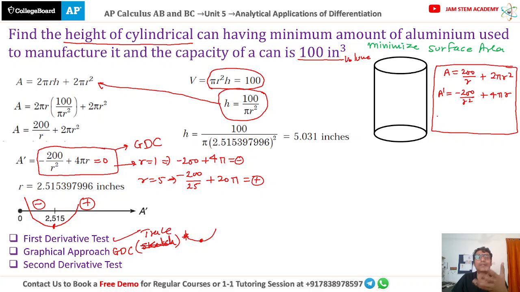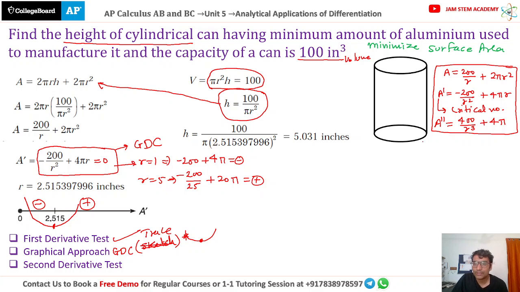Now for the second derivative test, as you can see the name, we have to find the double derivative. What is the double derivative? Differentiate the function one more time. Writing directly, I will get 400 upon r cubed plus 4 pi. Now all you have to do is find those critical numbers using the first derivative. In this case, the critical number was r equal to 2.51 something.